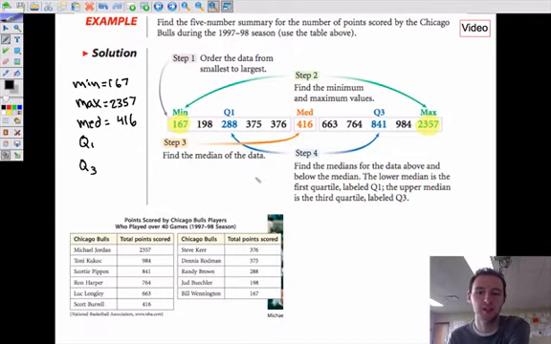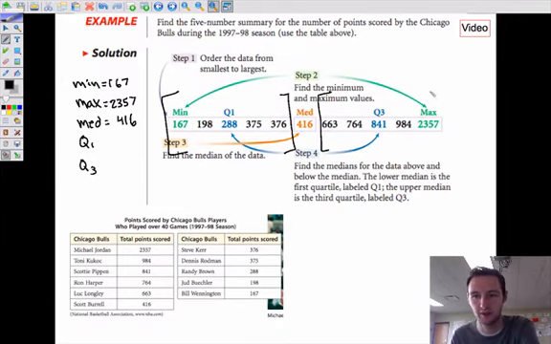Q1 and Q3 are where things are probably new; you probably haven't seen them before. Basically, you split things at the median. You take the top half of the data and the bottom half of the data and find the median of each one.